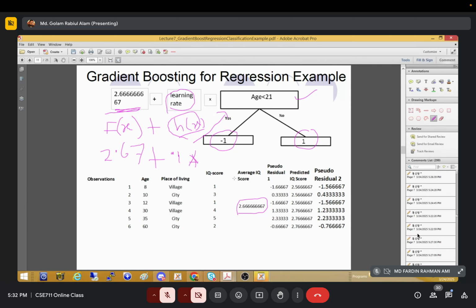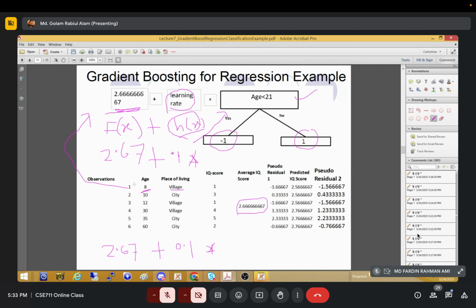Now we can see, if we pass our first observation to this model, first observation, then the age is 8, place of living is village. So in this case, it will be 2.67 plus rho, 0.1 times.